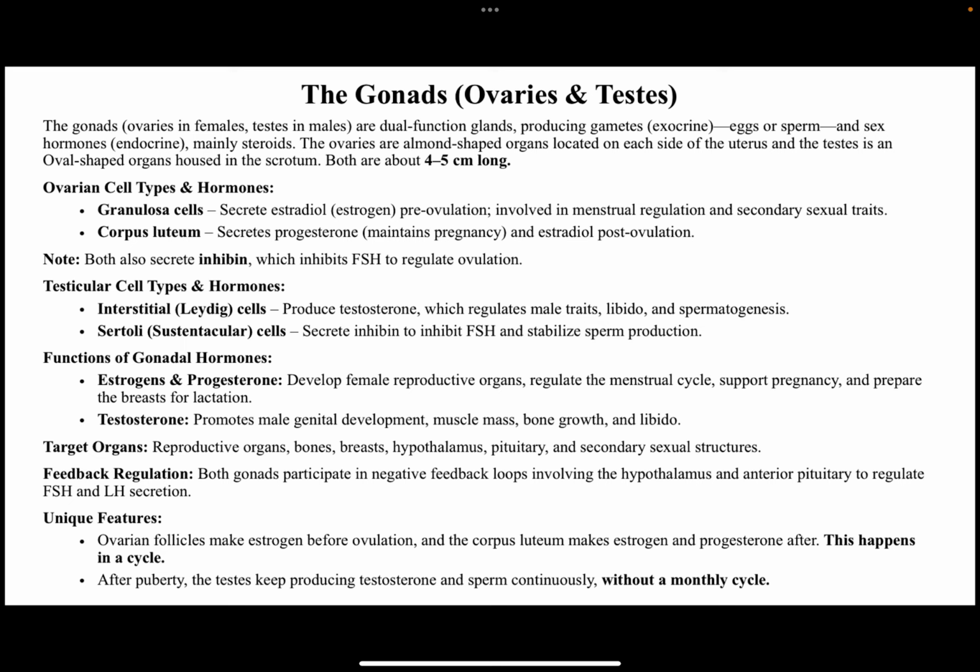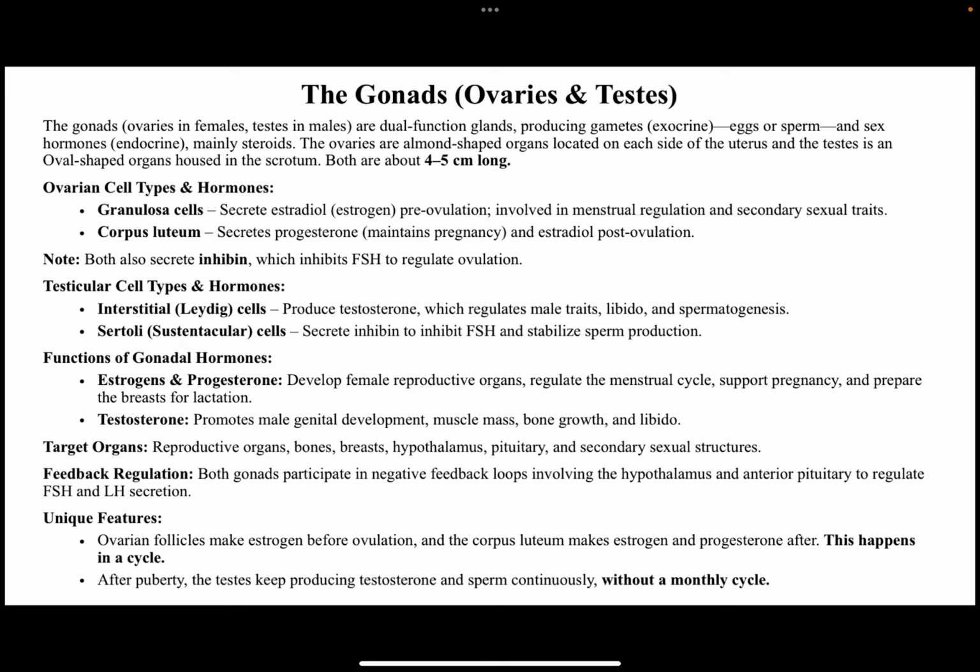Now we say that the gonads are dual function glands. When we say a gland is a dual function gland, it means that it has an exocrine function and it also has an endocrine function. Through one means, it produces secretions which are released into a duct or a tube. Through another means, it produces hormones which are released directly into the bloodstream.